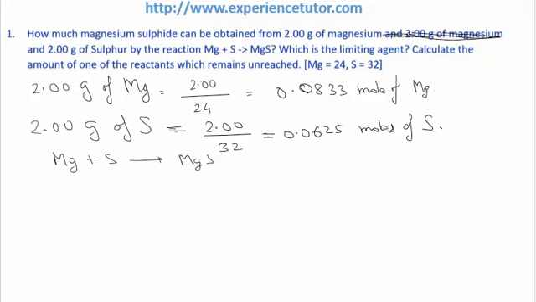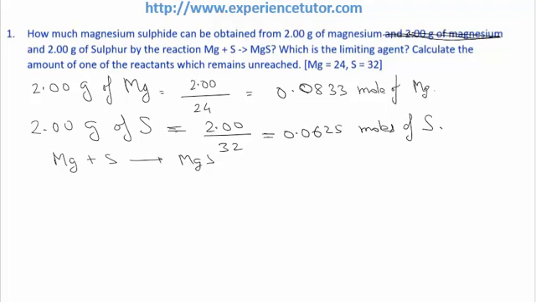From the equation, 1 mole of sulfur gives 1 mole of magnesium sulfide. So 0.0625 moles of sulfur will react with 0.0625 moles of magnesium to form 0.0625 moles of magnesium sulfide.